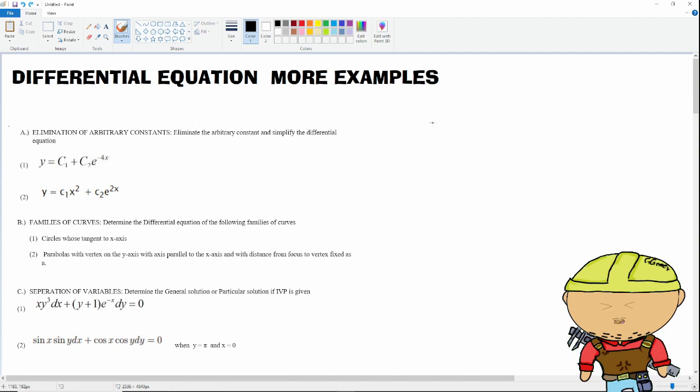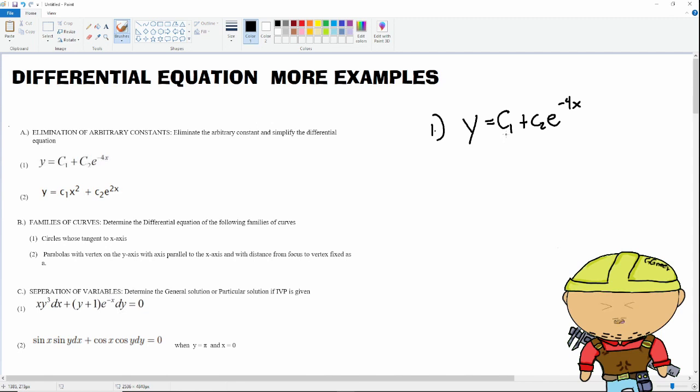Okay, so for example number 1, elimination of arbitrary constants. We have y is equal to c1 plus c2 e to the negative 4x. Arbitrary constants are constants with no fixed value. We eliminate them, or take them out, to get the differential equation. The arbitrary constants are contained in your general solution, and in order to get the differential equation, we differentiate your general solution depending on how many arbitrary constants you have.